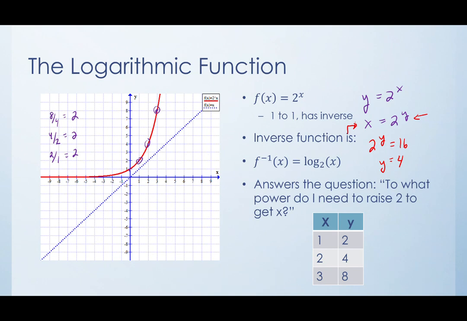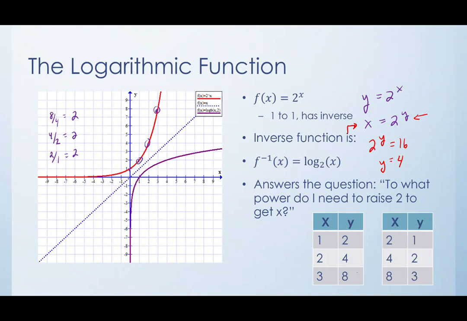All right, so on our original function, we had the points (1, 2), (2, 4), (3, 8). And on our inverse function, this is f inverse, we're going to swap those x's and y's. And so this is, what power do I have to raise 2 to? This is going to be our base. More on this shortly. To get 2, right? 2 to the what? So we would say 2 to the 1.